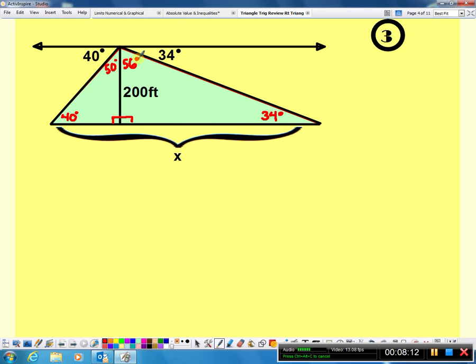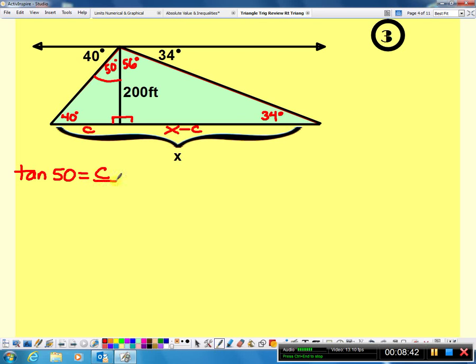On this one, I think what I need to do is let me call this c, and I'm going to call this x minus c. So I think I need to add some variables again. So when I look at the left-hand right triangle, I think I'm going to use the 50, and I'm going to say that tangent 50 equals c over 200.